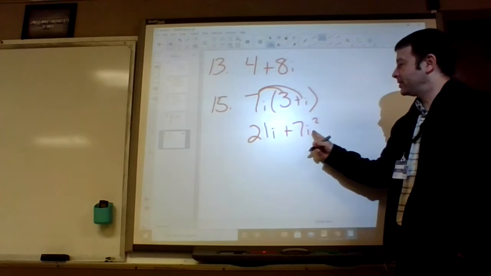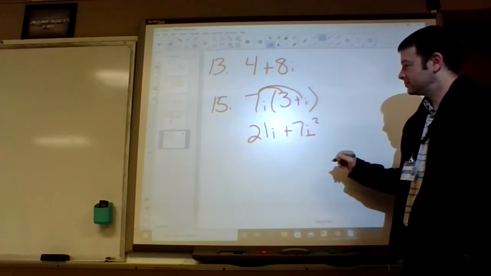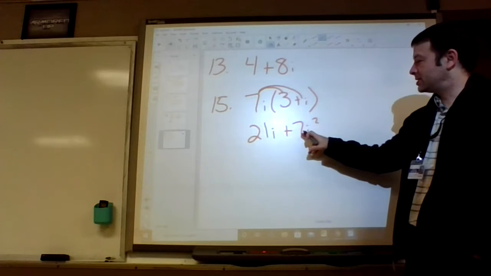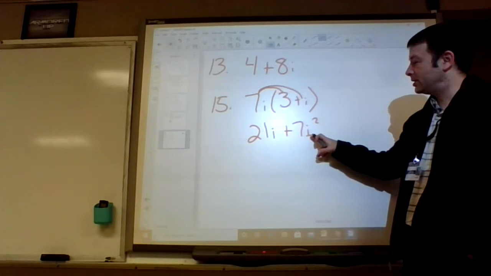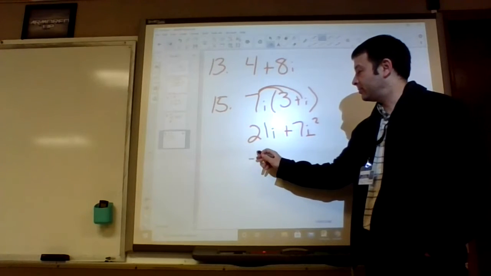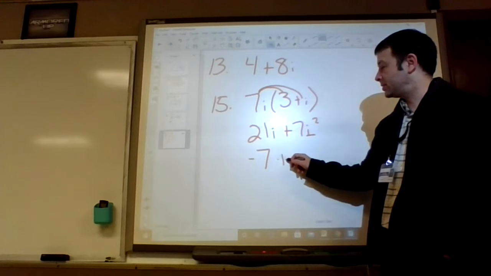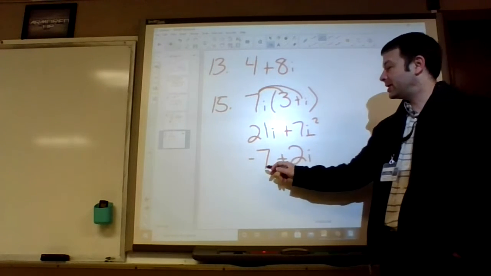Well, you can, but that's not what we're going to do. Do you remember what i squared is equal to? Negative 1. i squared is negative 1. So this is 7 times negative 1, which is negative 7. And remember we always put the real number in front. So it's negative 7 plus 21i.